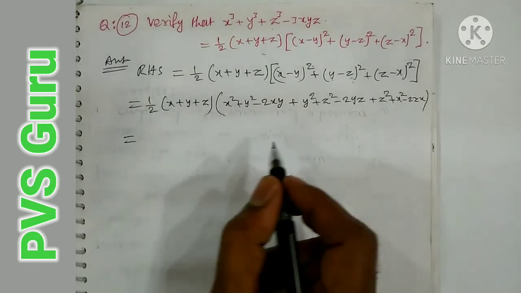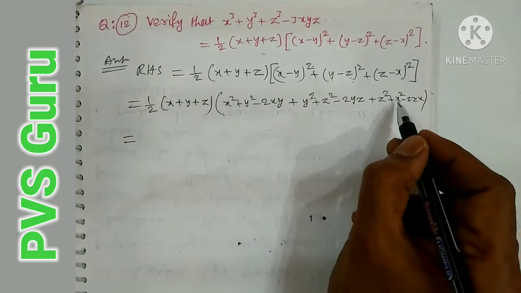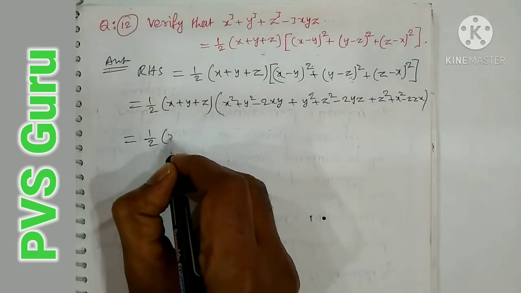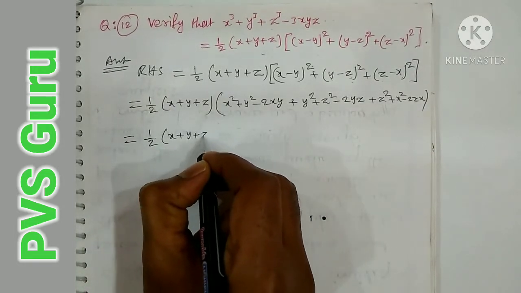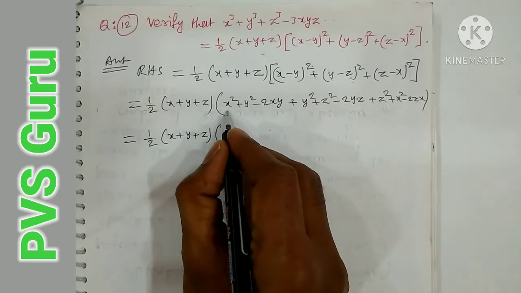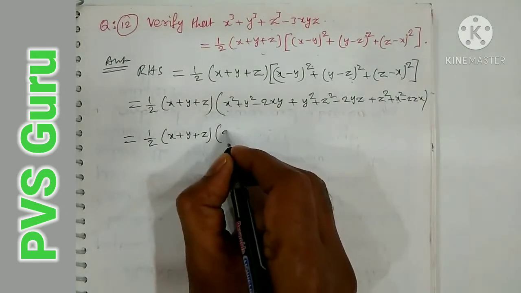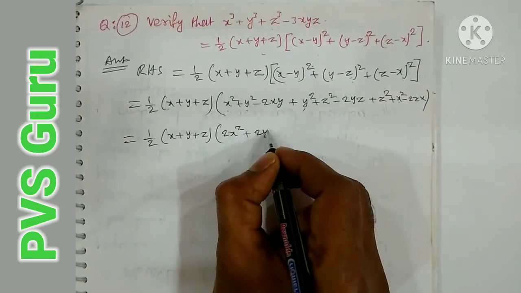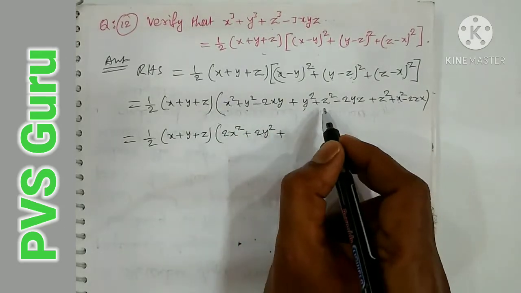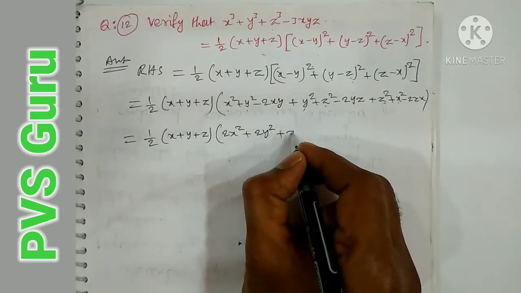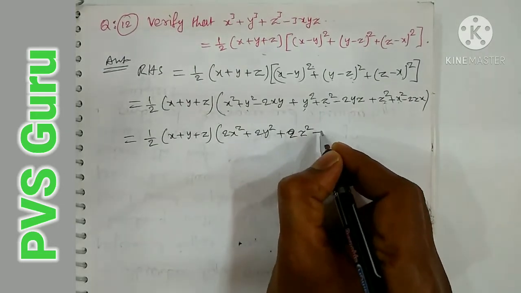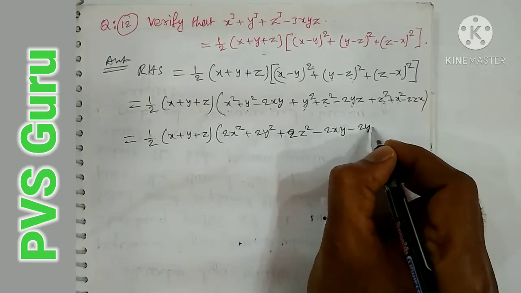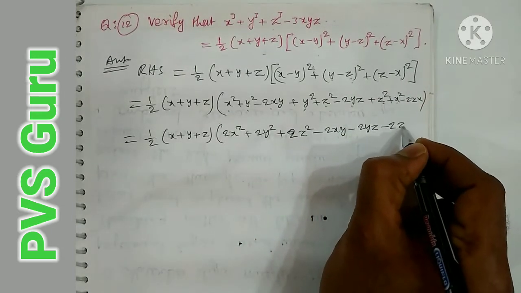This is equal to 1 by 2 x plus y plus z into 2x square plus 2y square plus 2z square minus 2xy minus 2yz minus 2zx.